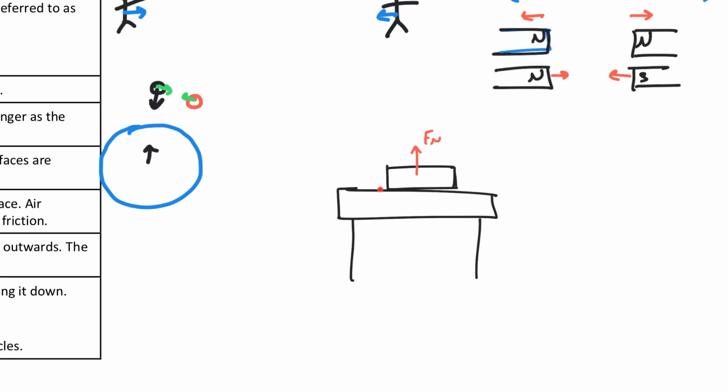In this case, we get the two surfaces in contact, and this force is 90 degrees to those surfaces. Now, if you were to push this textbook in this direction, then there will be another force that tries to resist the movement of the book.